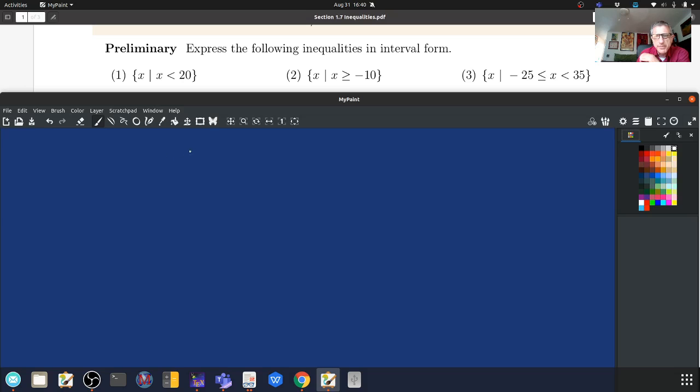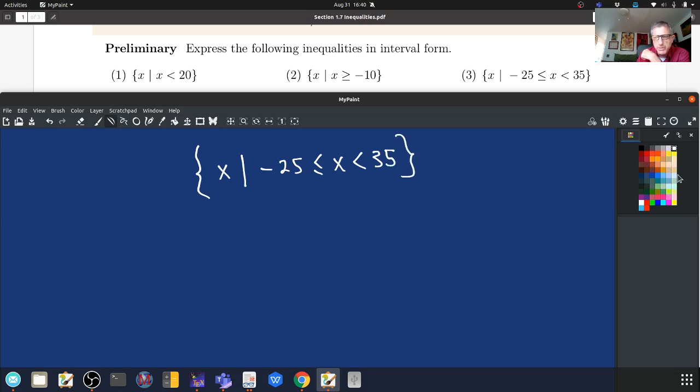So finally, we have all numbers x such that those numbers x are greater than or equal to minus 25 and less than 35.